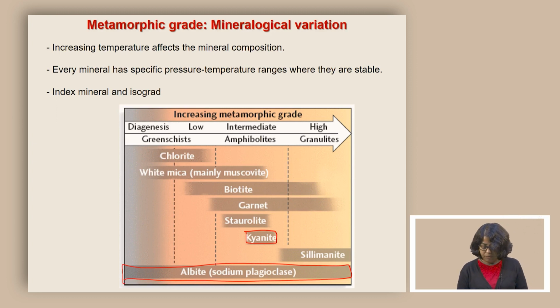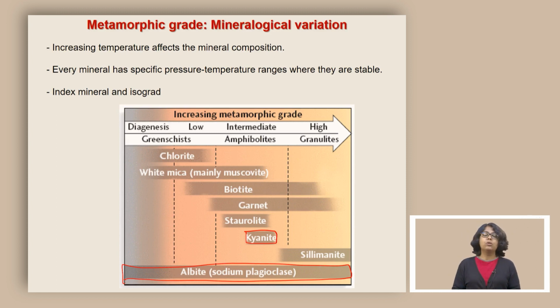On the other hand, if I look at kyanite, it is only stable in a certain type of metamorphic grade. Therefore, in certain ways, in order to reconstruct the temperature and pressure, the minerals which have relatively lower stability field would be very useful, and those are often called index minerals.